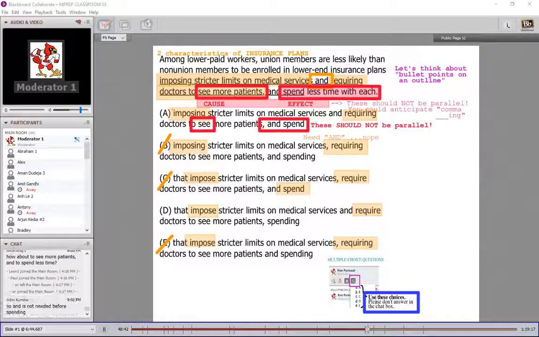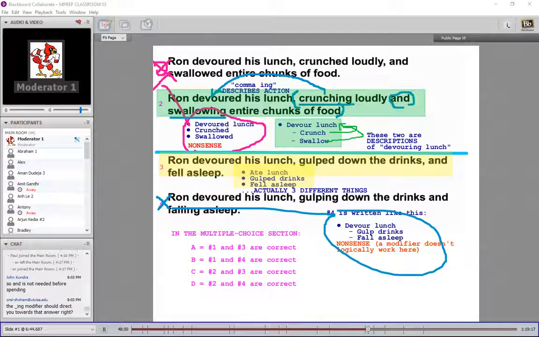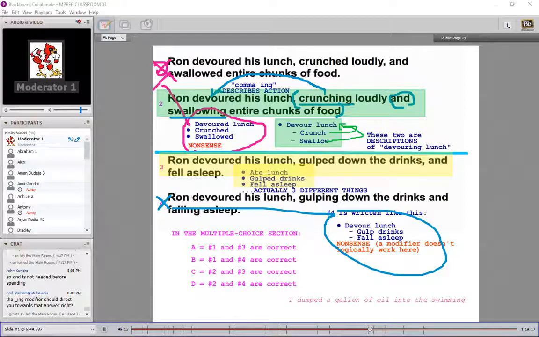Whereas, again, you have this comma-ing relationship, which is fantastic. Same sort of thing as this one here: devoured his lunch, comma, and so on. Or as a simpler illustration: immediate cause and effect. I dumped a gallon of oil into the swimming pool, comma, creating a biohazard that forced the closure of the pool.